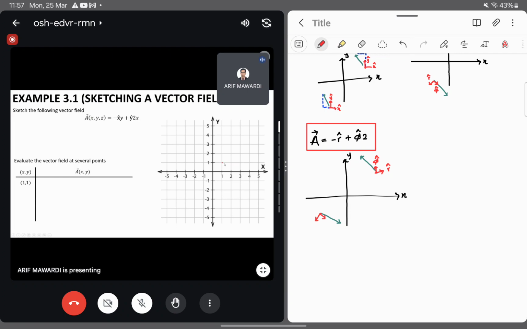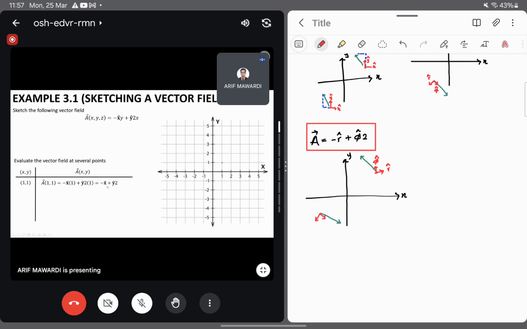To determine the vector at this point, I just substitute the value 1 for x and 1 for y in this expression. So I get minus x hat plus 2 y hat. This is what my vector looks like at this point.